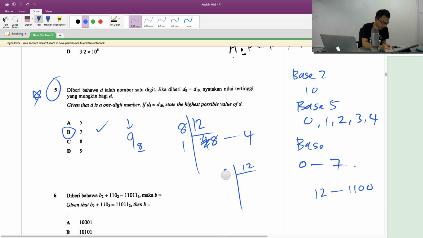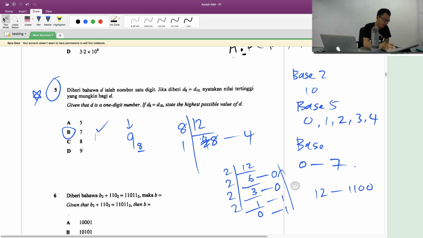If I divide 12 by 2, I will have 6 left, and the remainder is 0. Then I divide by 2, I have 3 left, remainder 0. If I divide by 2 here, I will have 1 left, and the remainder is 1. I divide by 2 again, this is 0, and here is 1, so I get 1, 1, 0, 0. Okay, now I remember back.